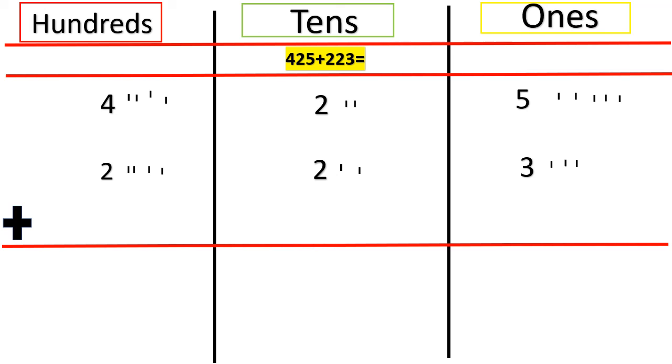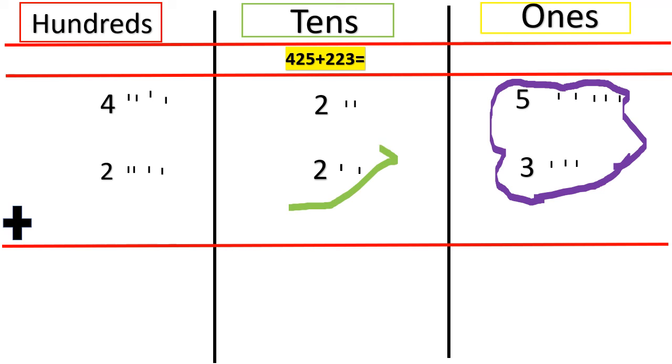Now, 5 plus 3. You're going to always add your ones first. Always add ones first. We're going to add our ones first, then your tens, and last your hundreds.